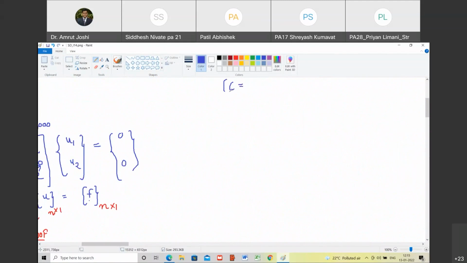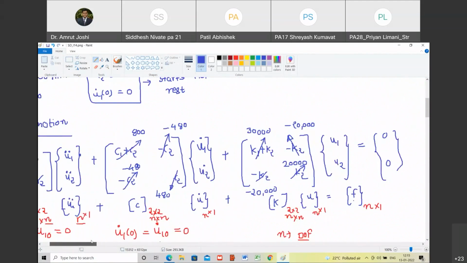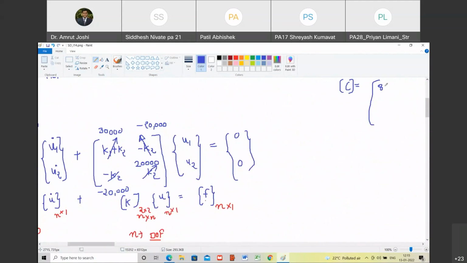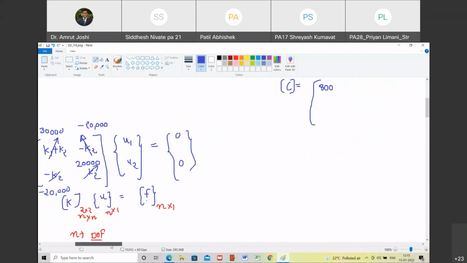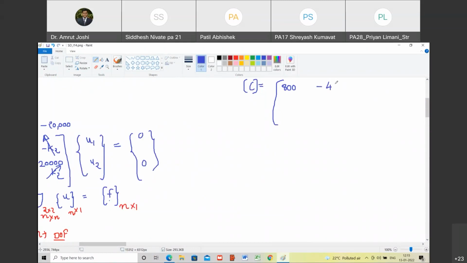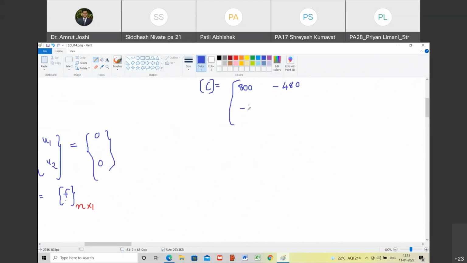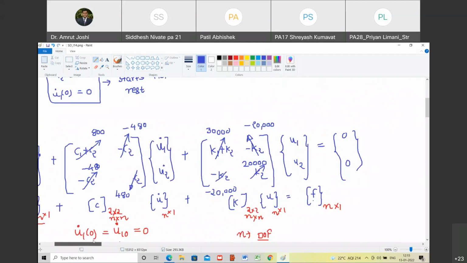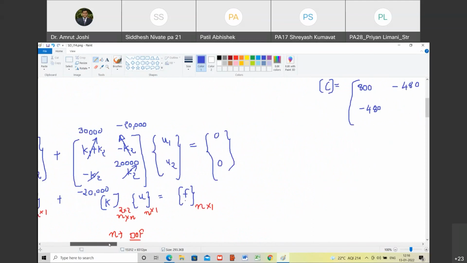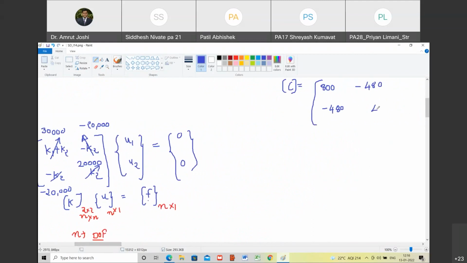C is equal to 800, minus 480, minus 480, and then plus 480. Are you with me?